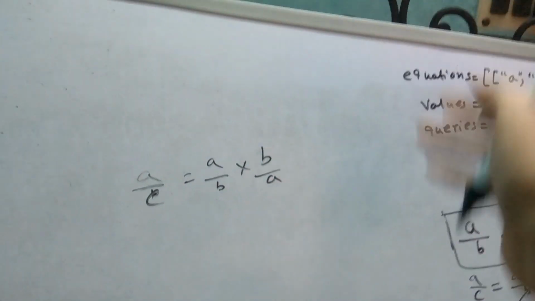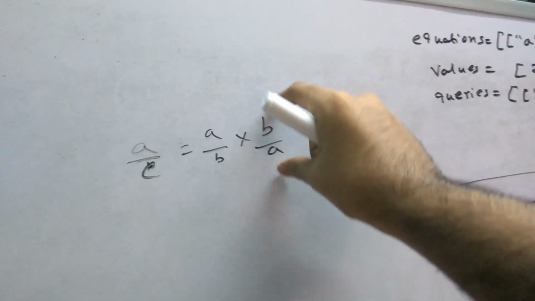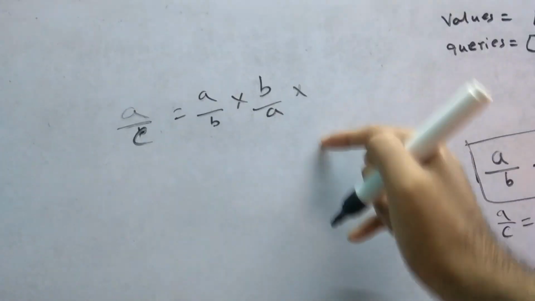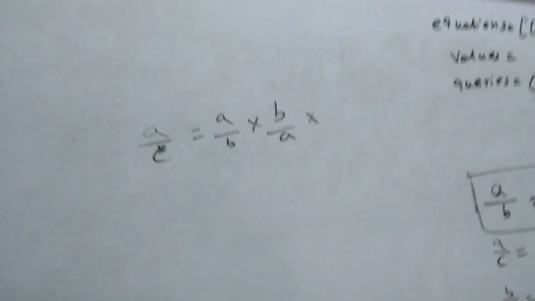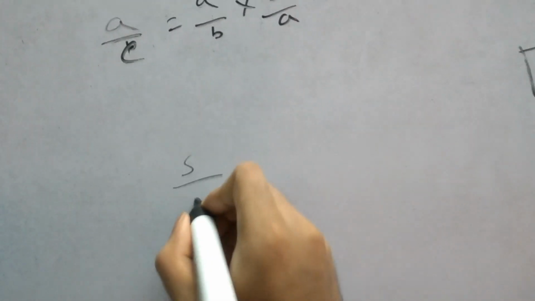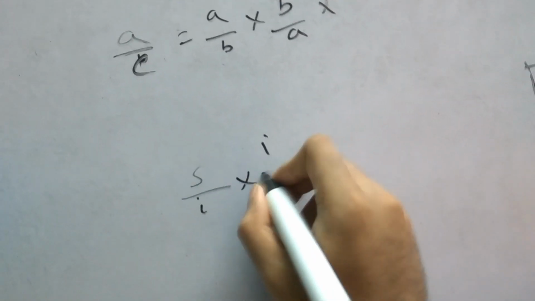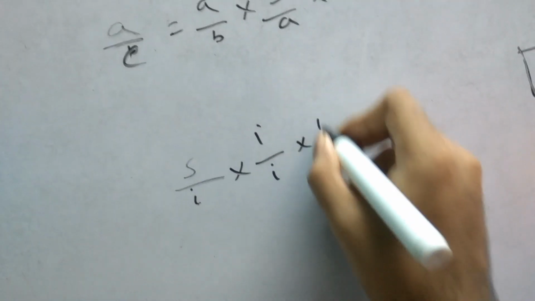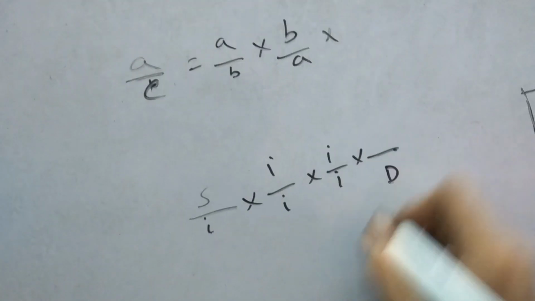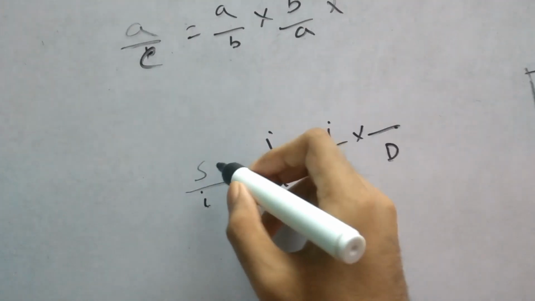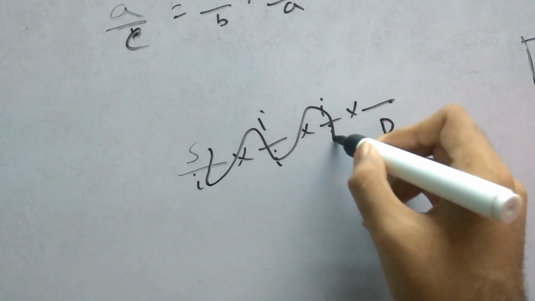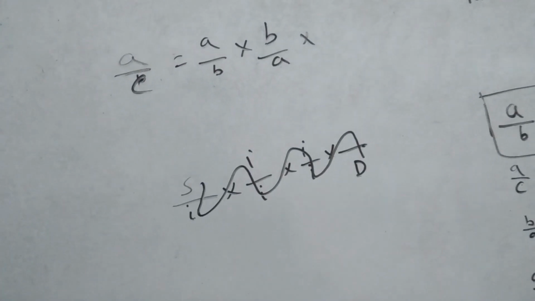There can be some other example where there will be other multiplied values like a by b into b by a, then again into something by something, and so on. So the end goal is, this is the source node, these are the intermediate nodes, intermediate, again intermediate, and lastly we have to somehow reach this destination node. So we are basically traversing a graph, coming here, then here, here to here. So we have to traverse a graph.